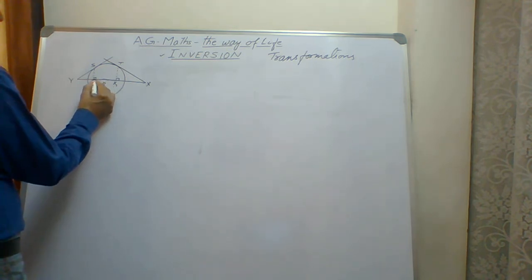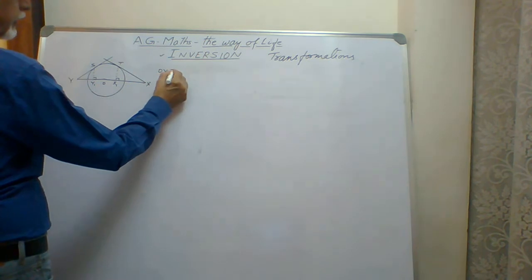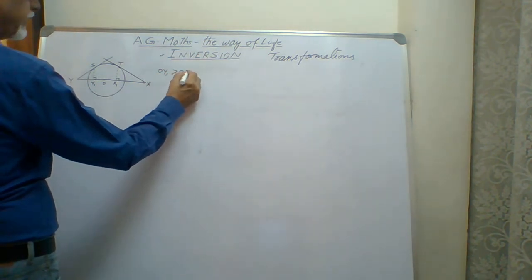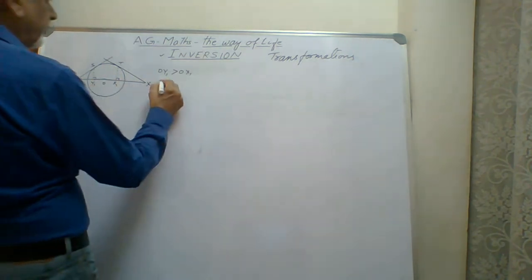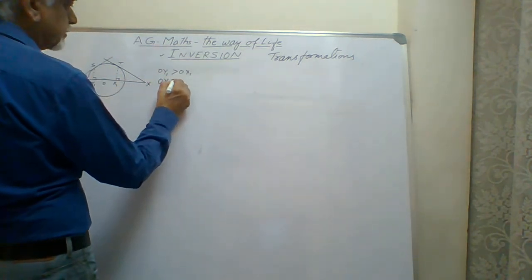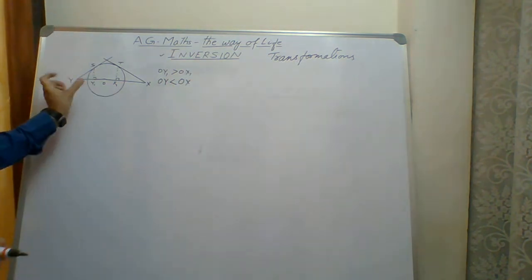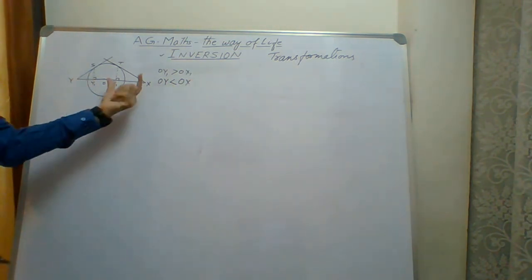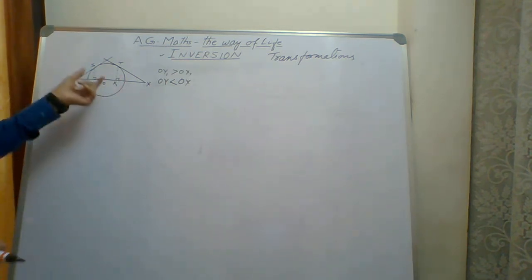See, we find that OY1 is bigger than OX1. What does it mean? Practically, OY was smaller than OX, very clearly. I had taken OY as smaller than OX, and when it went inside the circle, the order changed.